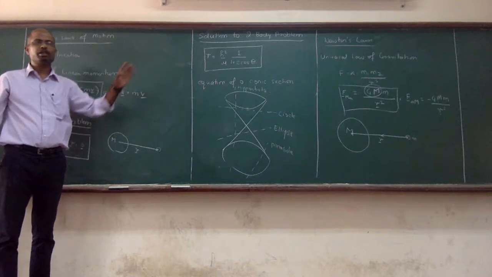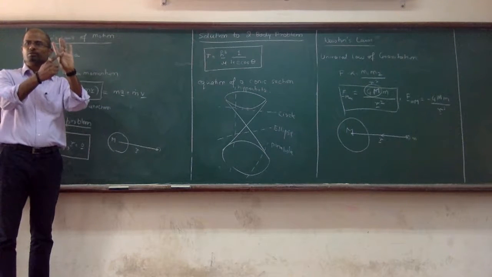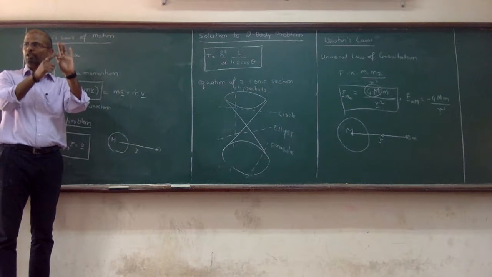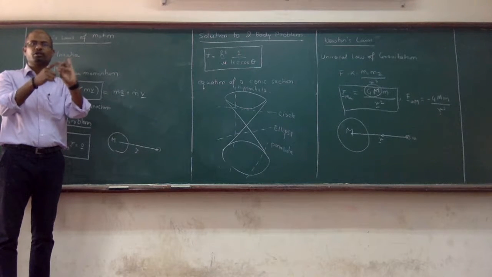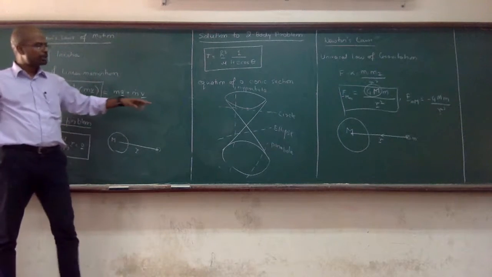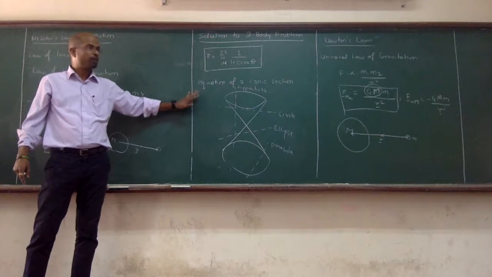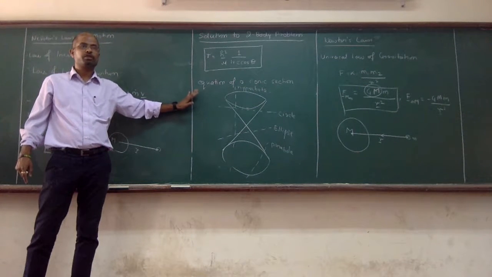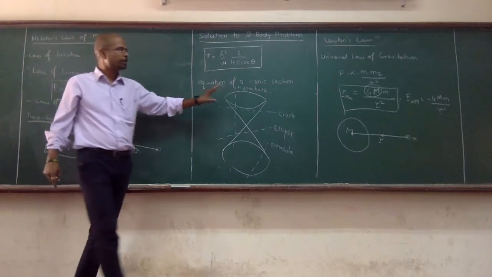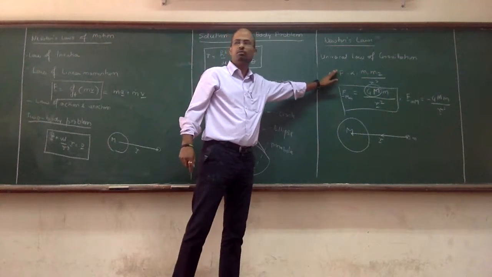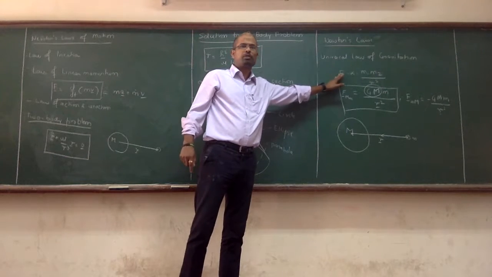The trajectory can be a circle, an ellipse, a parabola or a hyperbola. So this is where you have to have an appreciation for Newton's laws. Newton stated only these fundamental, very simple equations, right?